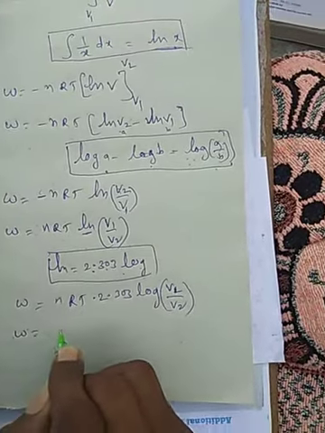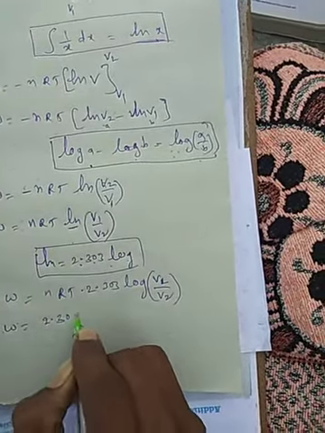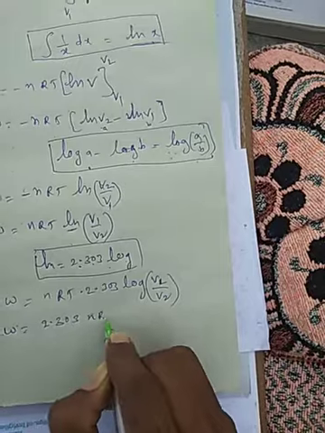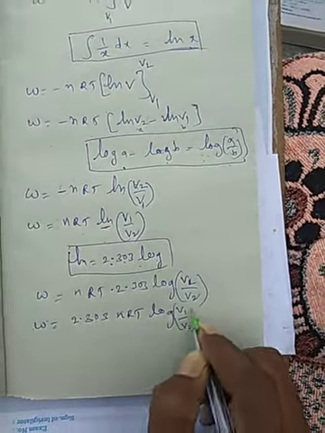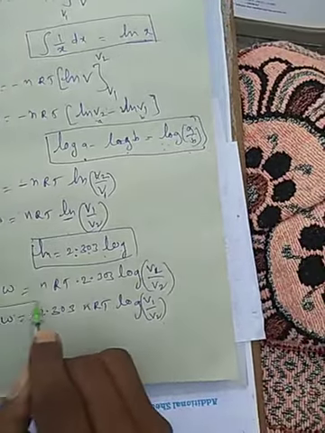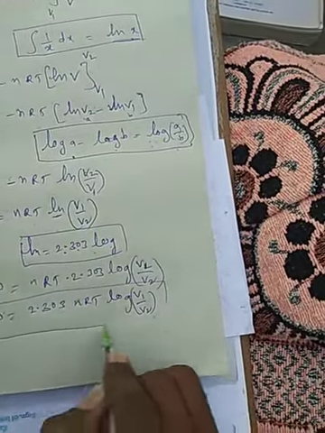So finally, W is equal to 2.303 nRT log v1 by v2. This is the formula for the isothermal reversible process.